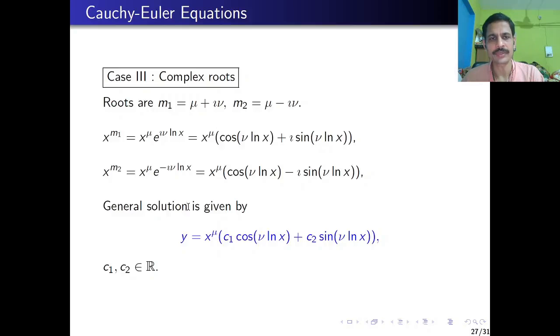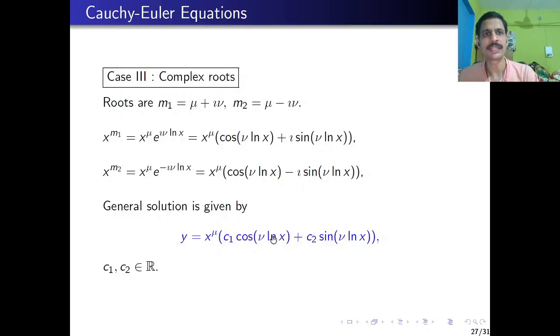So for the general solution, you take a linear combination of these two solutions. Namely, the general solution is y equal to x raised to mu times (c1 cos(nu ln x) plus c2 sin(nu ln x)), where c1 and c2 are real numbers.